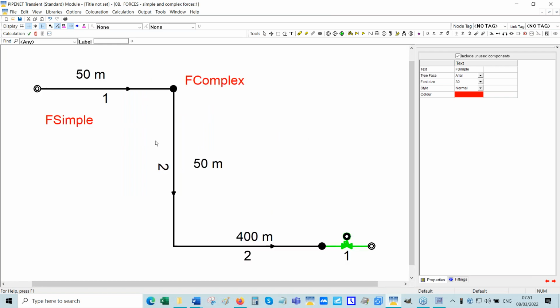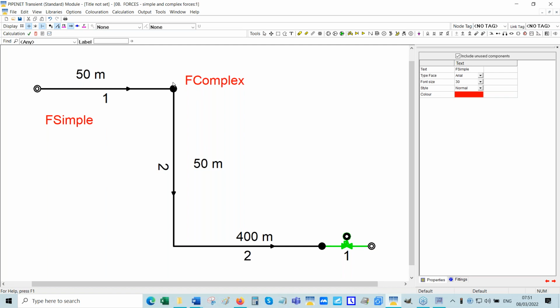See, that's the direction of the pipe. So if the force is in the same direction as the pipe, it'll be positive. And if it's in the opposite direction, it'll become negative.